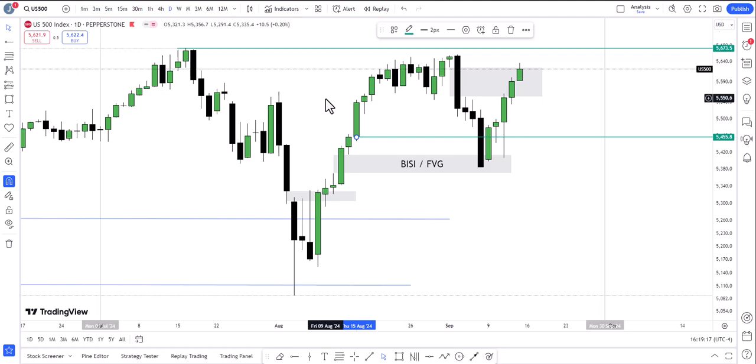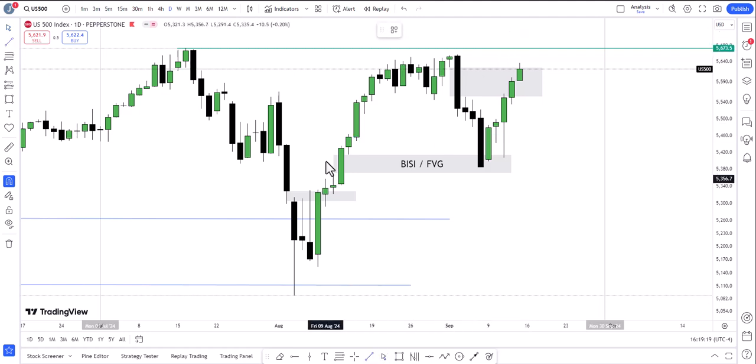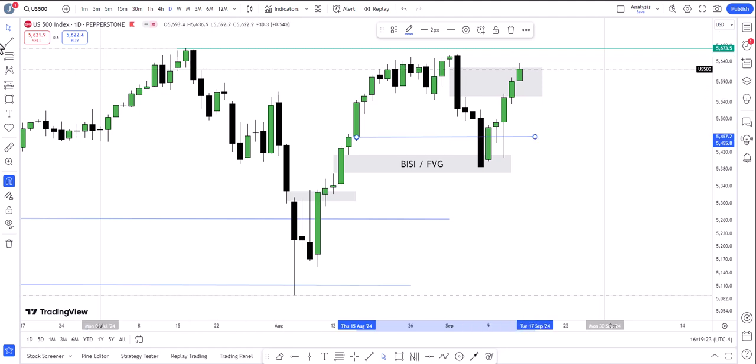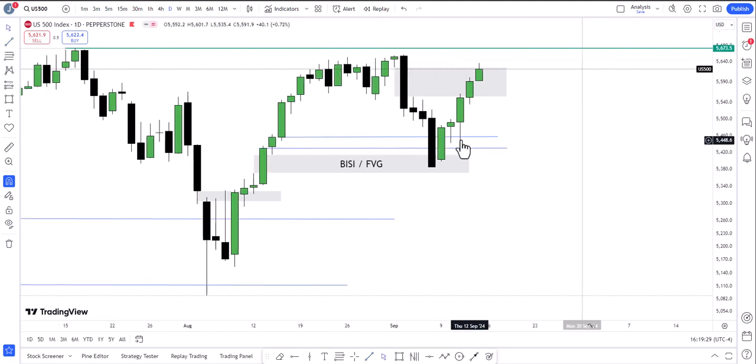Here, that's another level I'd be looking at. Another volume imbalance right there, as you can see, tapped into it here, also tapped into the high of this, rejected away, coming up into that level there.